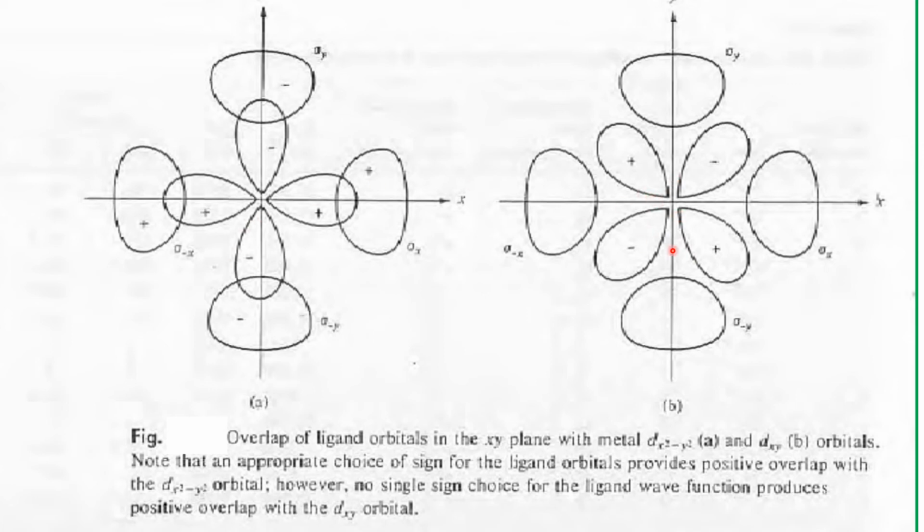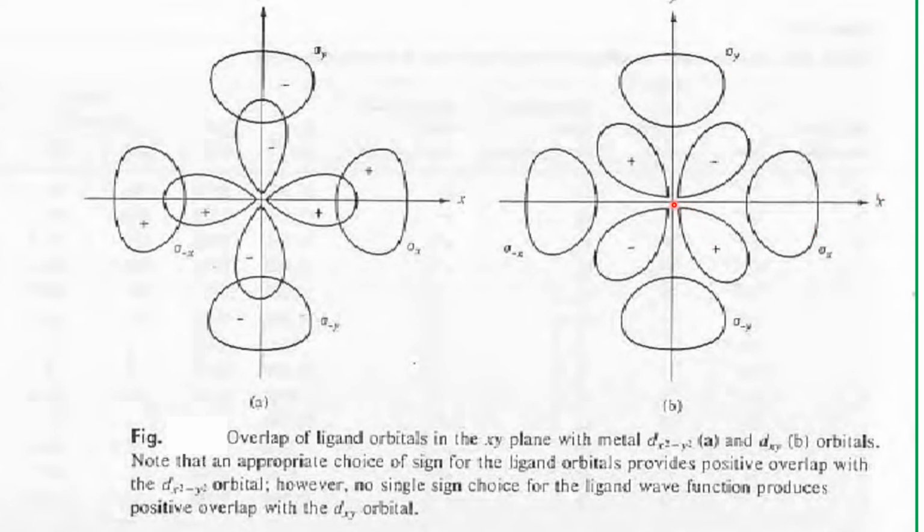The T2G set, however, will have the lobes directed between the bonding axes, say x and y, and thus will yield no net overlap with the ligand orbitals, because the ligand is approaching the metal through the bonding axis.